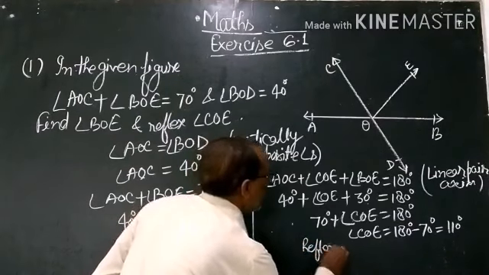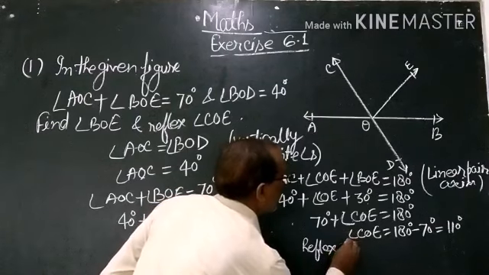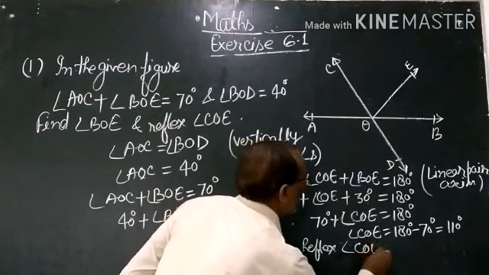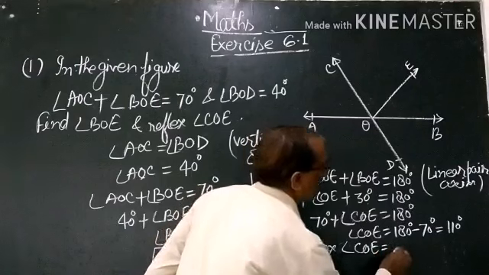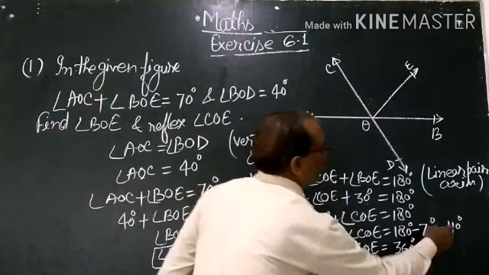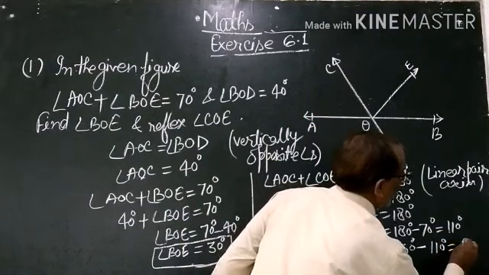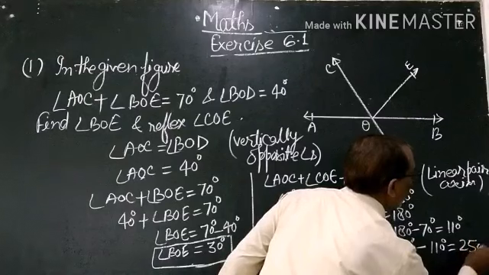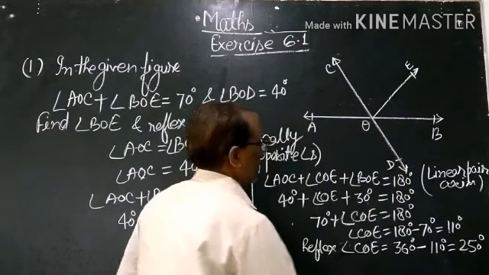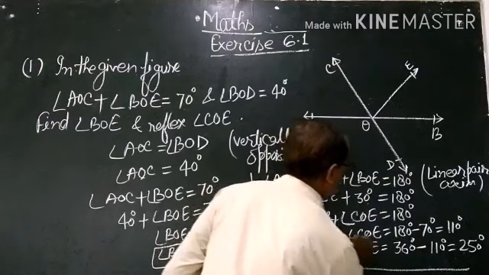Reflex angle COE is equal to 360 minus angle COE, that is 360 minus 110 degrees, that is equal to 250 degrees. This is your second answer.